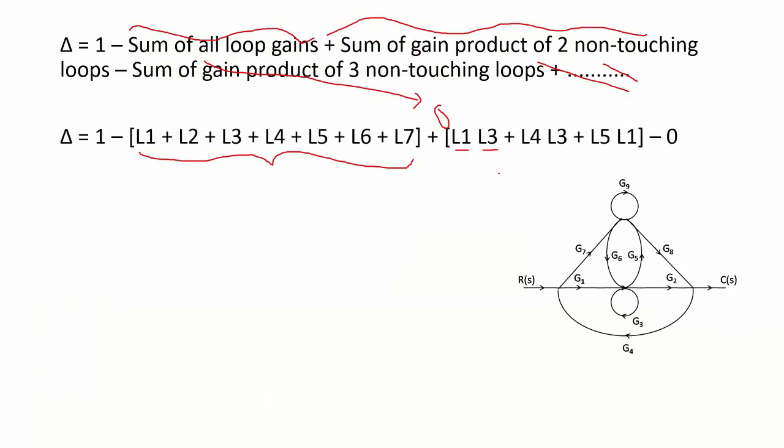So we got L1 L3 added to L4 L3, then added to L5 L1. This is the expression that corresponds to the sum of products of two non-touching loops. And then you have the sum of gain products of three non-touching loops to be 0, because there are no three non-touching loops in this case.